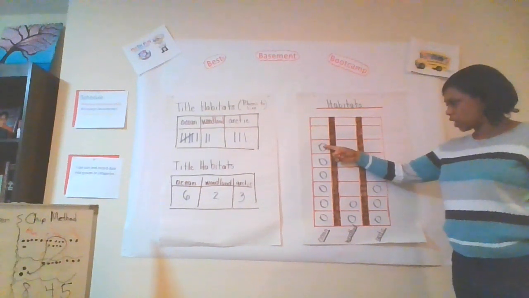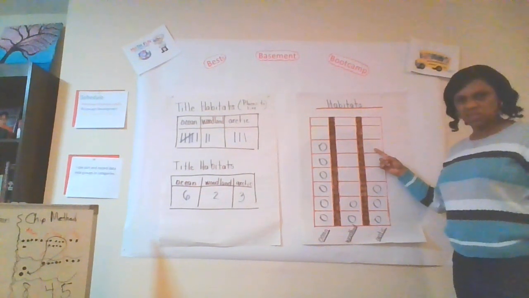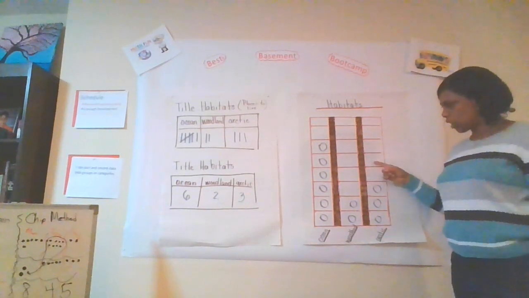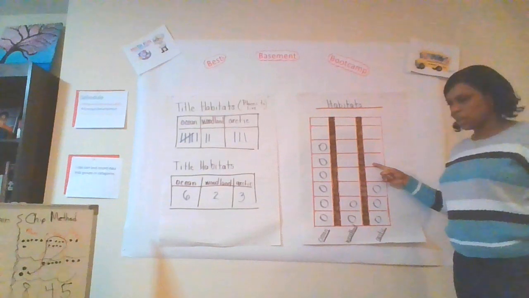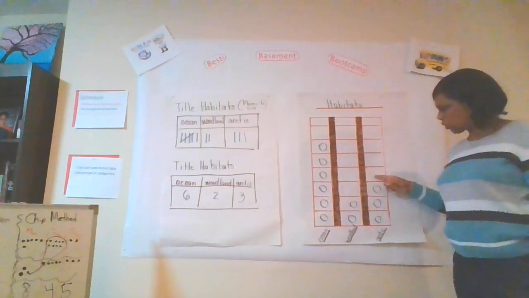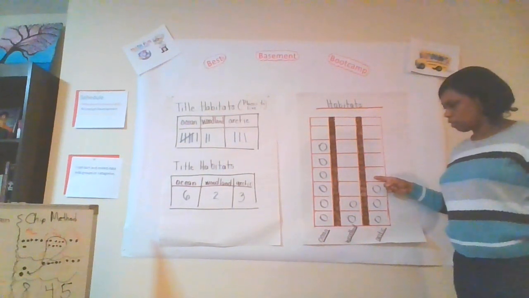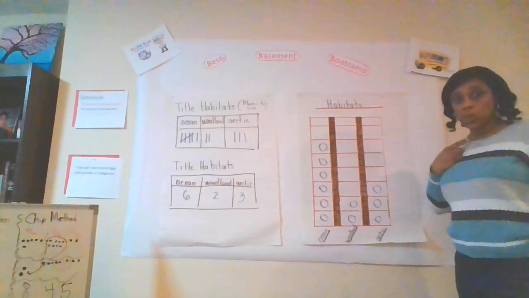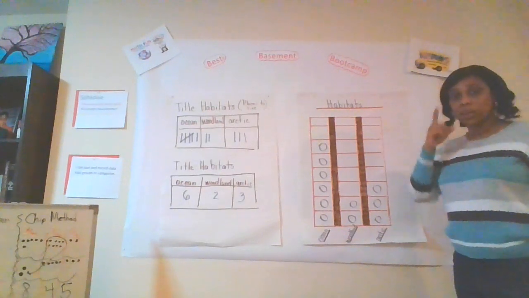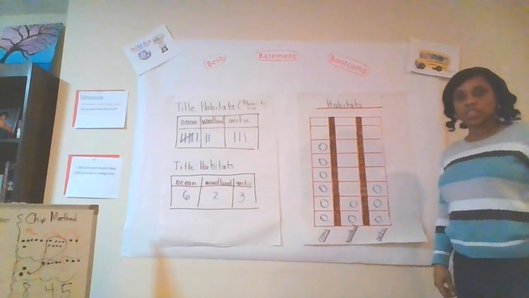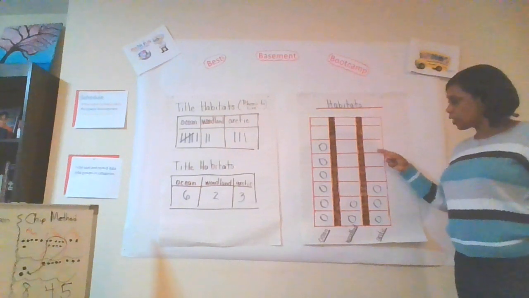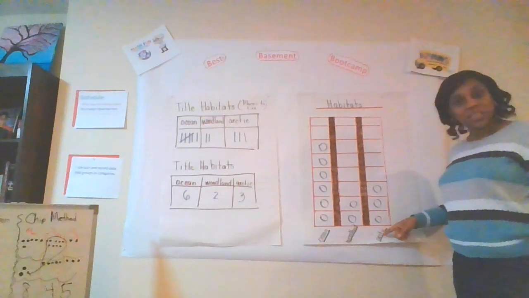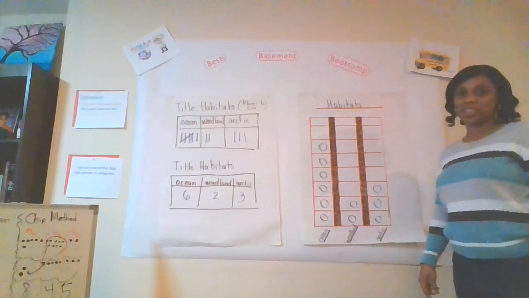Well, if I look over here and look over here, there's one that's missing here. If I look here and look over here, there's one that's missing here. If I look here and then look over here, there's one that's missing here. But then these are the same. So when it says fewer, I must have to subtract. If you said subtract, you're right. So I have 1, 2, 3 fewer animals that live in the Arctic than live in the ocean.